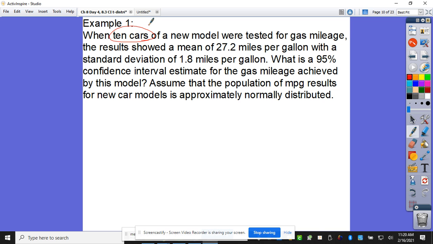Which N? Does yours say just 10 cars? Okay. I might not have put random back in there. We're testing for gas mileage. The results showed a mean of 27.2, so this is my what?